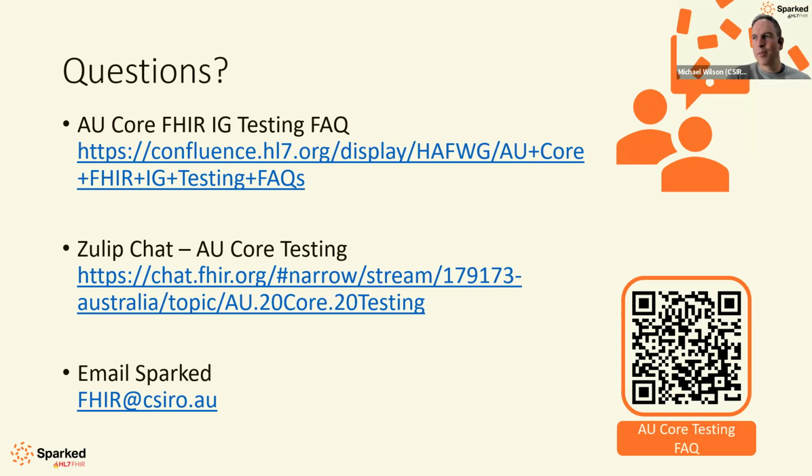We're not expecting things to come along and go, great, you're 100% conformant to AU Core, we know everything works. There are opportunities to test your systems out and see where they are working, where they're not, where you've got issues with AU Core and where you don't. So if you want to do some early testing now, you can, or you can bring it along and test it there on the day. Perfect. Thank you.